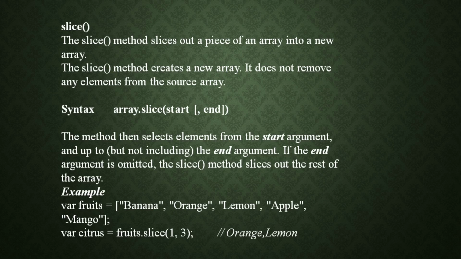Starting index and end index, from 1 to 3. What is there in between? Orange and lemon. This slice method creates a new array. It does not remove any elements from the source array. Now the new array is orange and lemon.